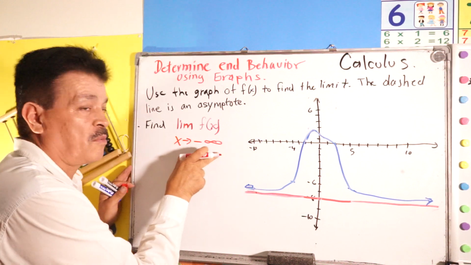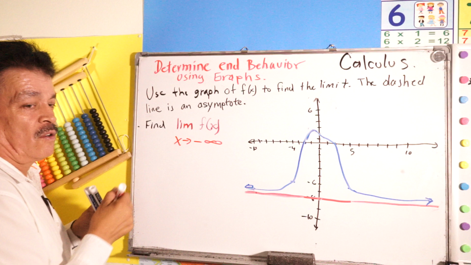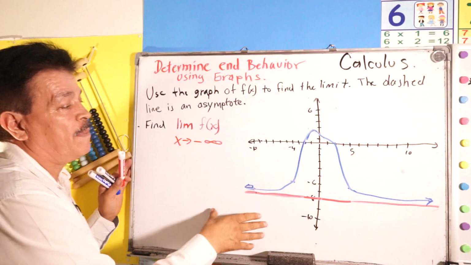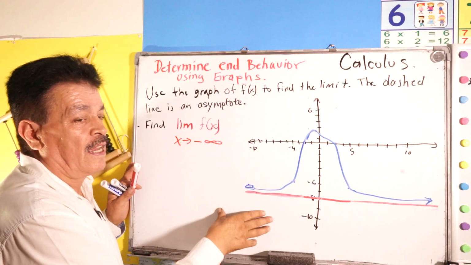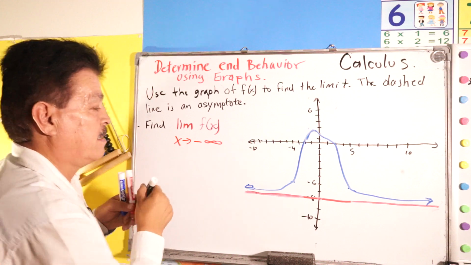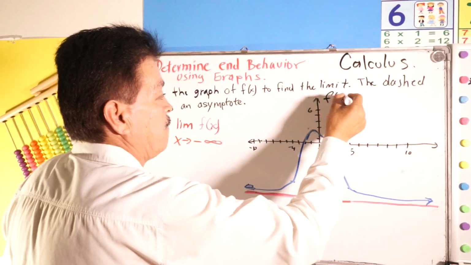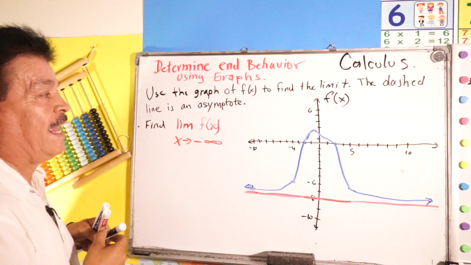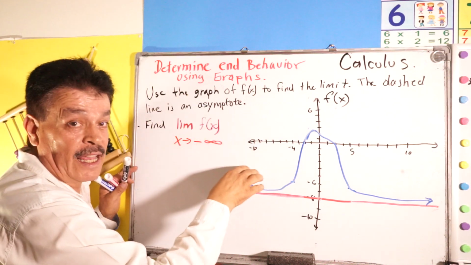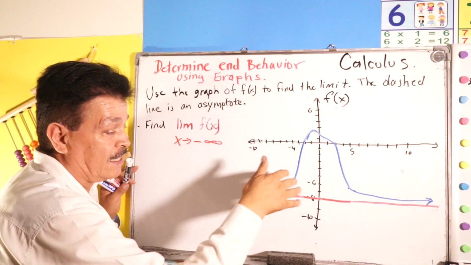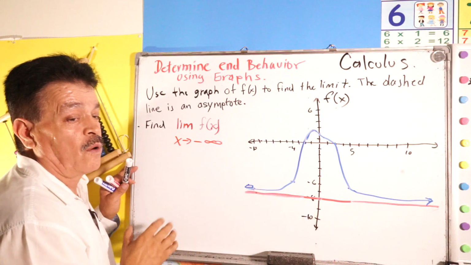See the formula here? So what happens to the graph of f of x as x decreases, decreases without bound?